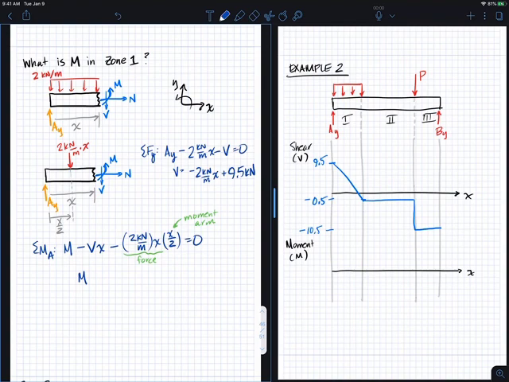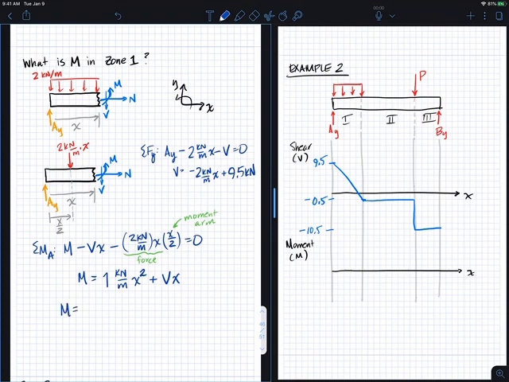Once we substitute in all of our values, we have that M is equal to 1 kilonewton per meter x squared, plus Vx, just bringing everything over to the other side. I know what shear is, a little bit tricky with that linear function.